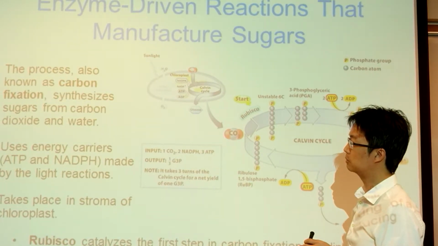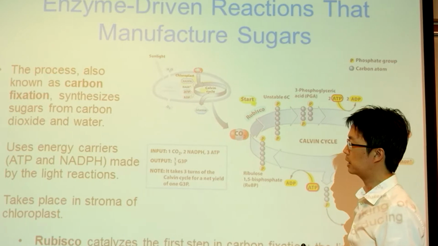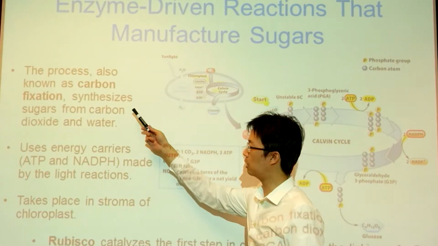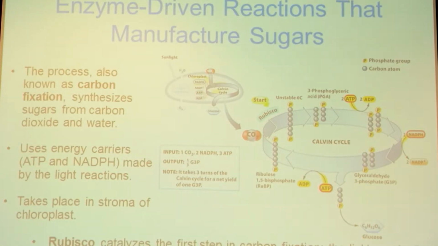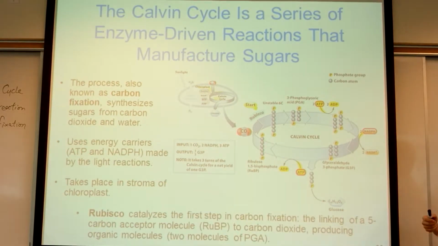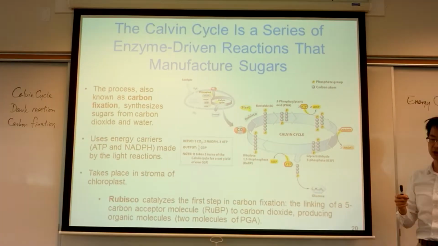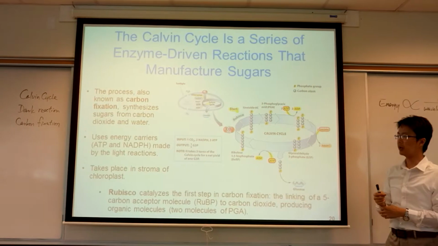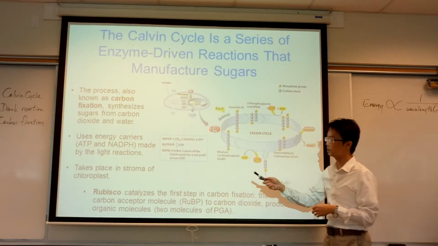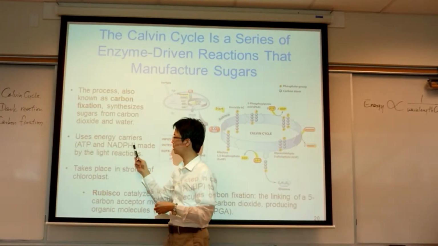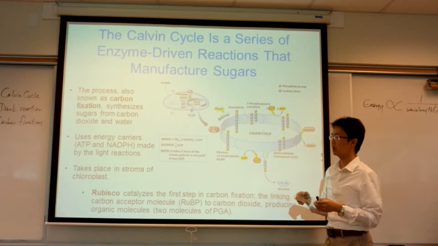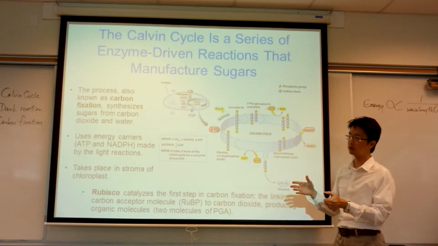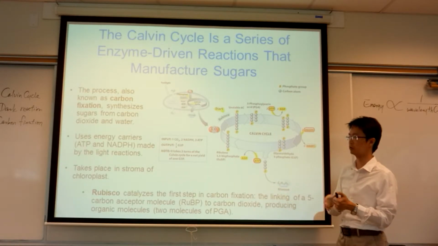The main idea is that it uses carbon dioxide from the air and reduces it into glucose. The main purpose is to make sugar, glucose. And the ATP and NADPH from the light reaction provide energy for the Calvin cycle to make glucose.